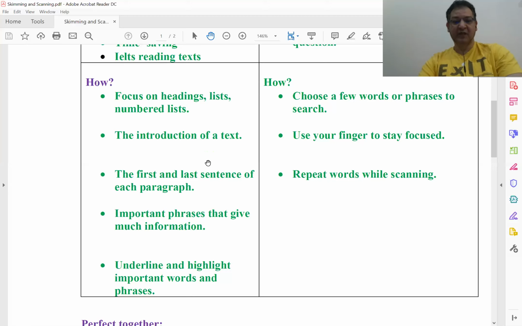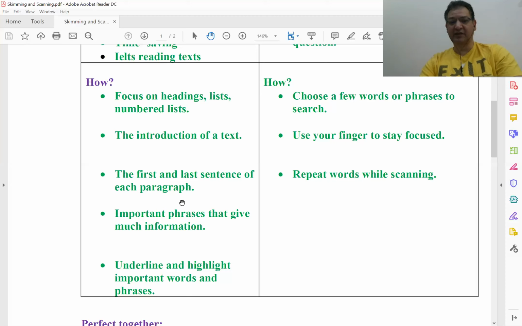Once you move to the paragraphs of the reading text, you can read the first and the last sentence of each paragraph, because the first sentence includes a topic sentence, which means the main idea, and the last sentence is the concluding sentence, or also a paraphrase of the topic sentence.